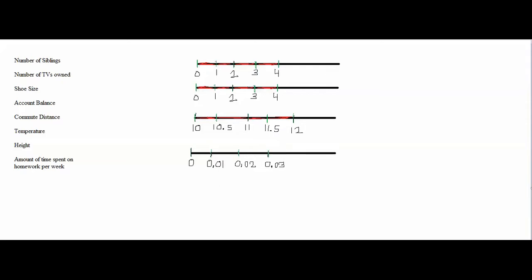And it's not possible to have anything in between. For example, a person's account balance couldn't be right here at 0.007 or 0.008.